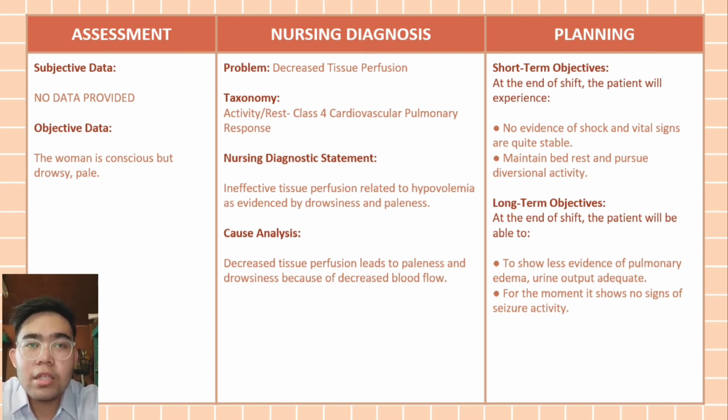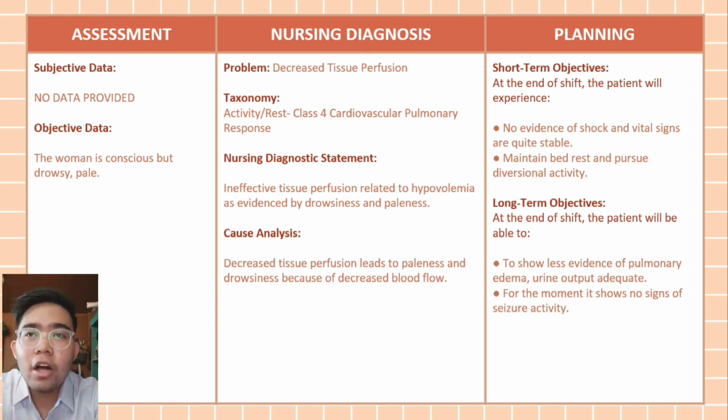The cause analysis of it states that decreased tissue perfusion leads to paleness and drowsiness because of decreased blood flow. So the reason decreased tissue perfusion is the problem is that there is an irregular blood circulation that causes the patient to be in a pale and drowsy state.